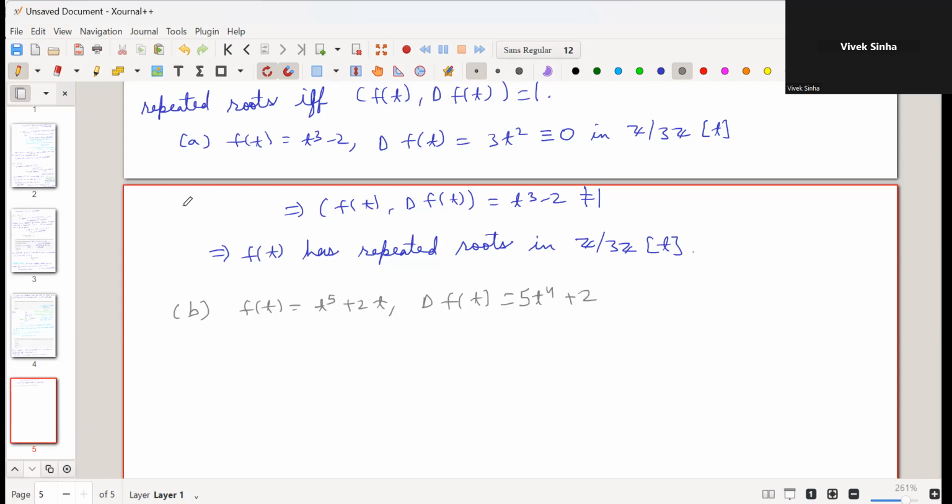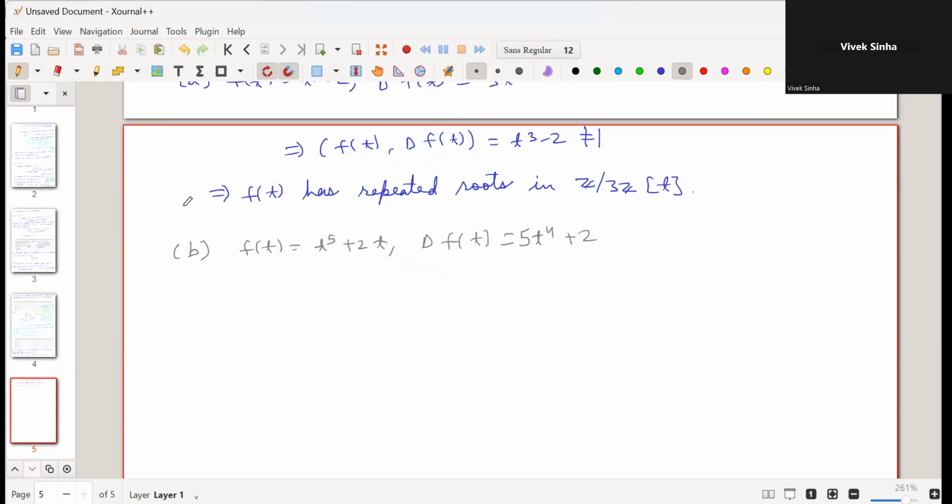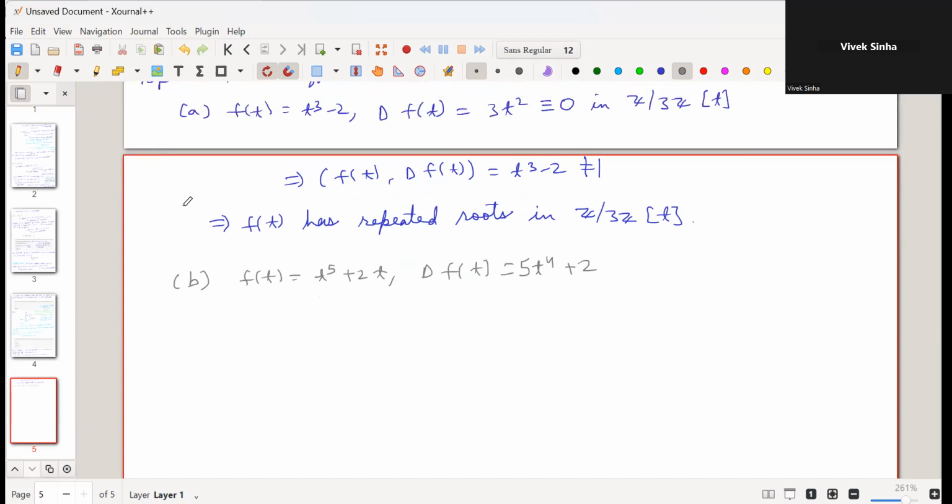Then, can you say something about whether they have a common factor or not? I will say no, they don't have.